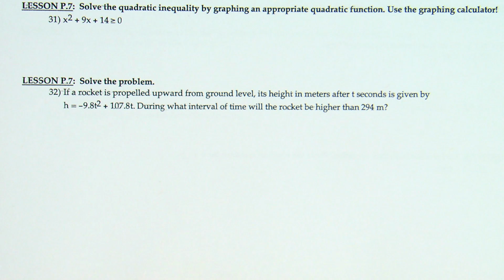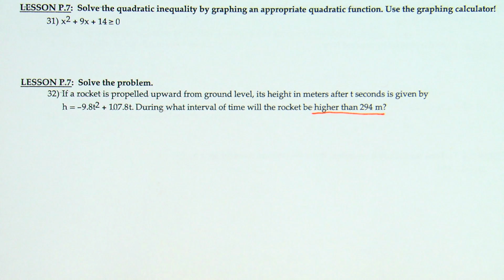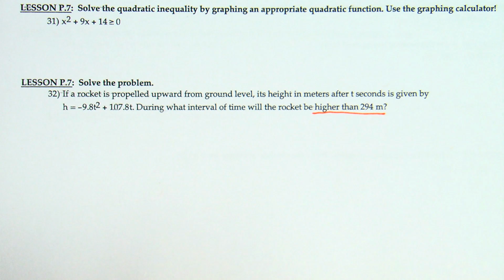Now, if a rocket is propelled upward from ground level, there's the formula. During what interval of time will the rocket be higher than 294 meters? Thoughts? We're going to set up the equation, and instead of equals, I'm going to flip this.